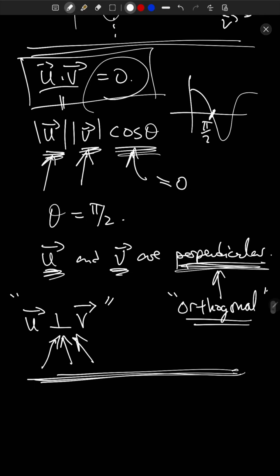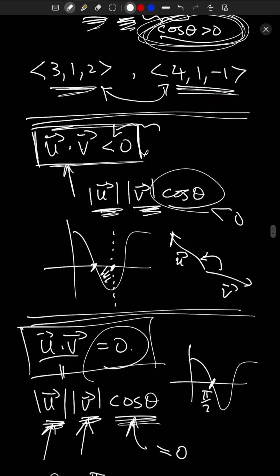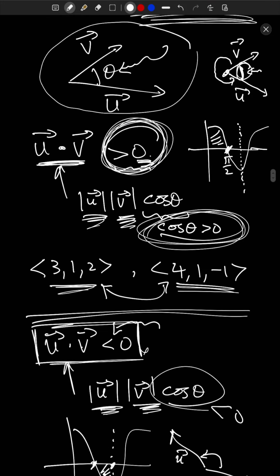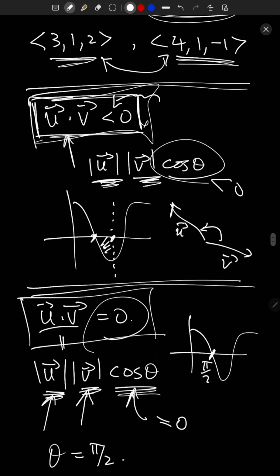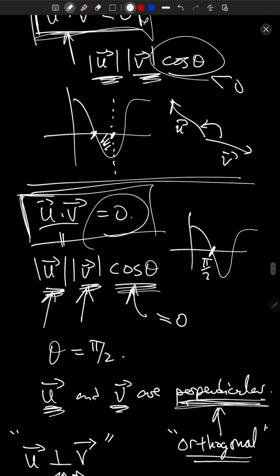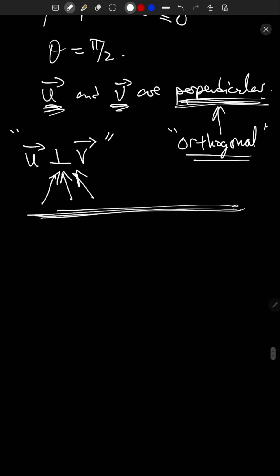Let's be a little bit more precise than we have been. Just now, we talked about u dot v positive, u dot v negative, and u dot v equals 0. But let's be even more precise. So let me write down u dot v equals length of u, length of v, cosine theta.